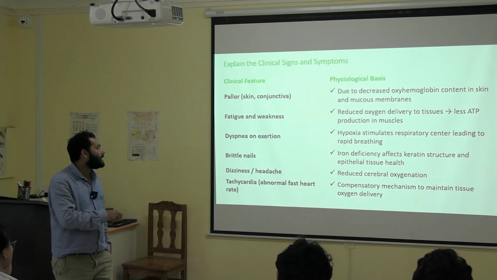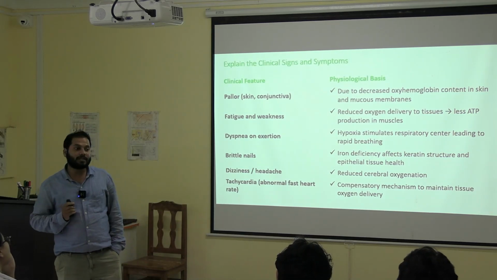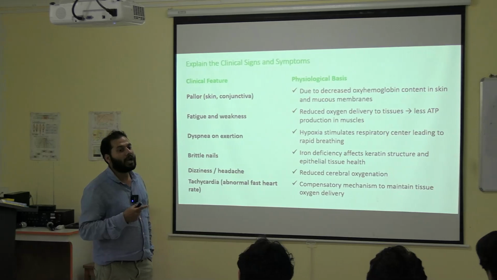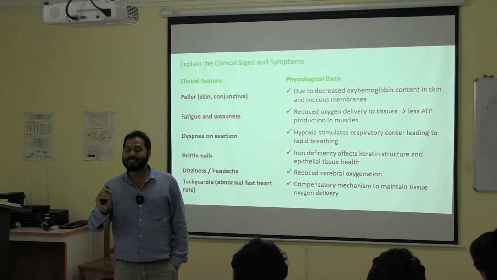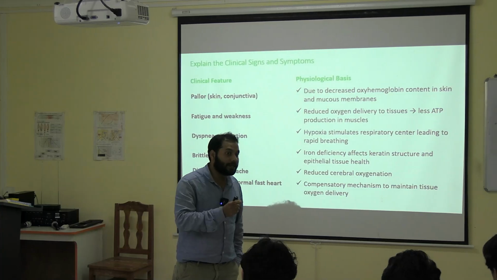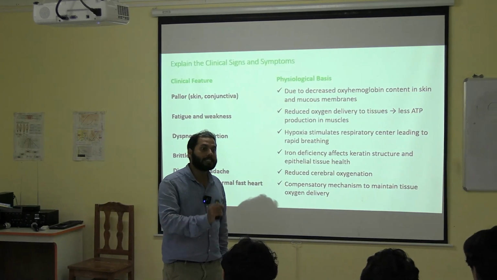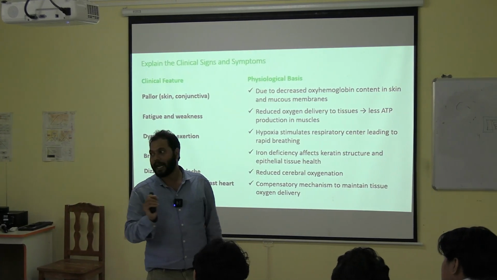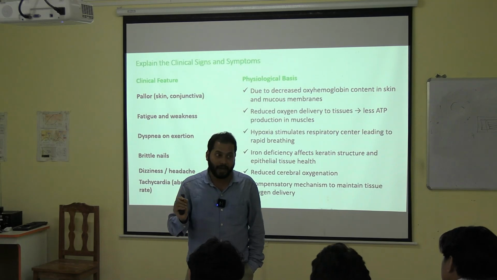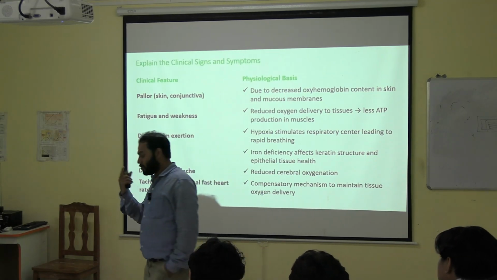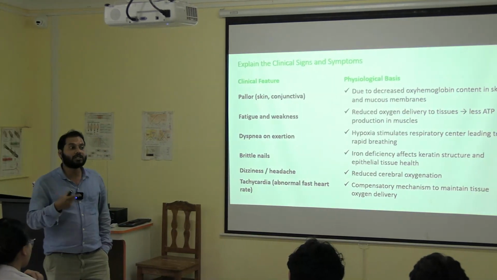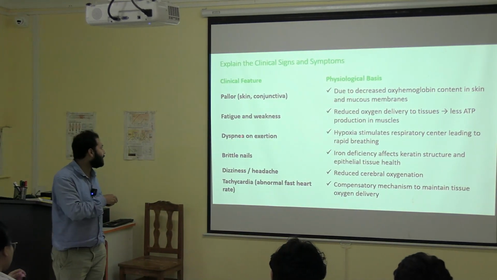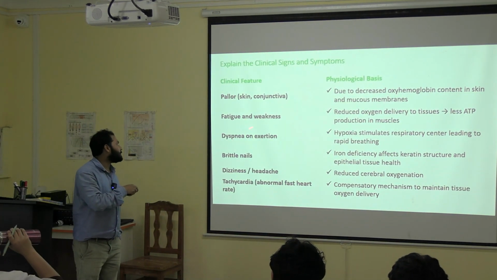You can see tissues are not getting oxygen, meaning tissues are suffering from hypoxia, right? That condition acts as a stimulus that will stimulate the specific respiratory center present in the brain. Once the respiratory center gets stimulated, it will alter the breathing rate. That is why there is dyspnea on exertion.